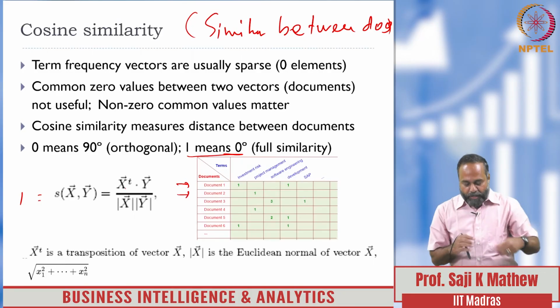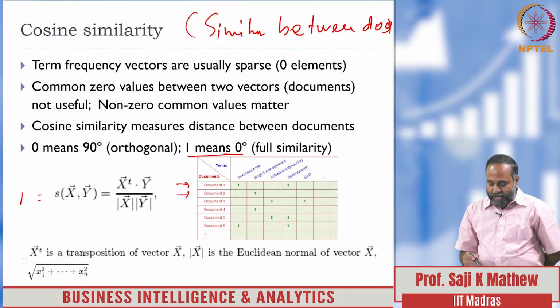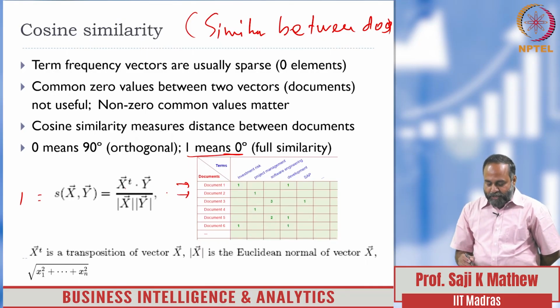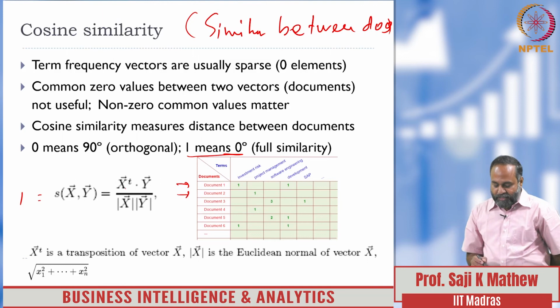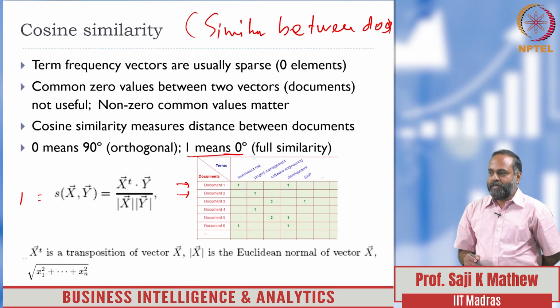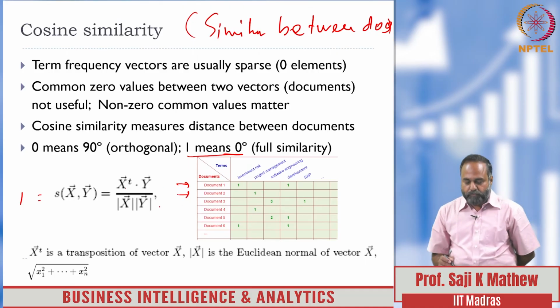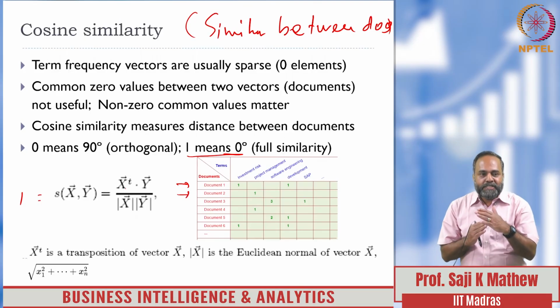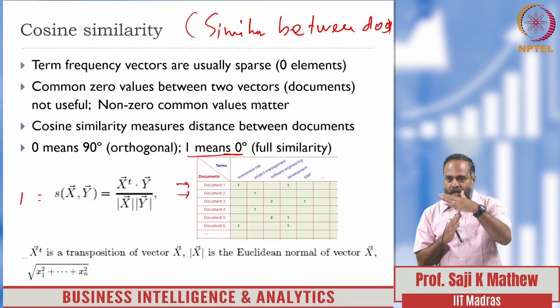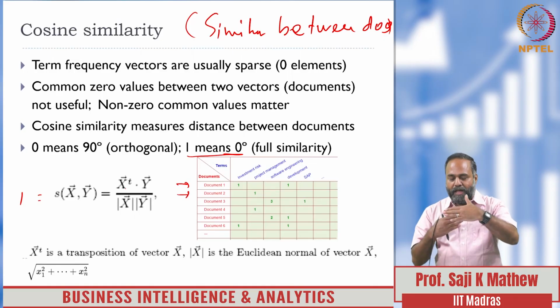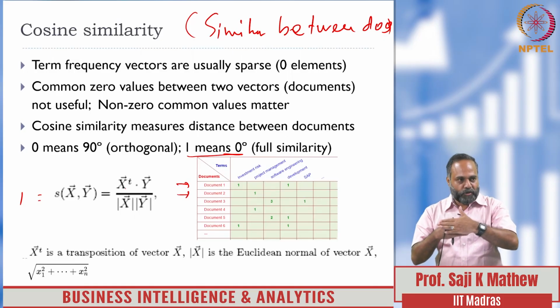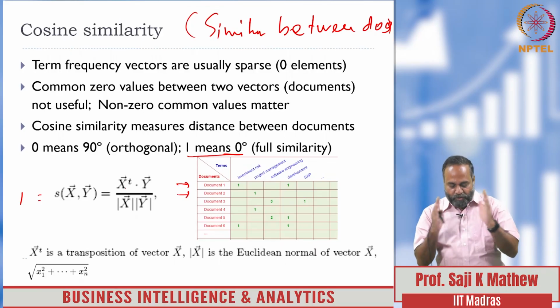So, the numerator becomes 0, and therefore, the cosine of 90 is 0, right, cos of 90 is 0. So, this becomes 0. Essentially, when two documents are orthogonal to each other, they do not have any similarity. And when they are fully similar, they are horizontal or they are the same. That is a sort of metaphorical meaning.